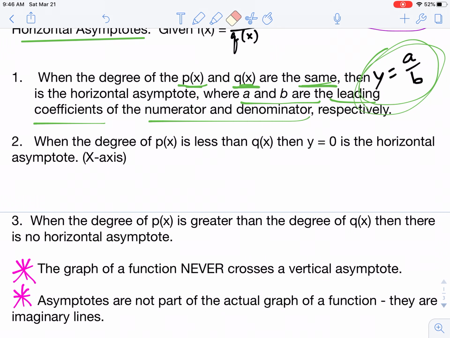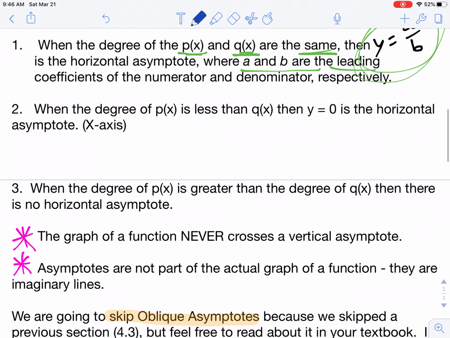The second type of horizontal asymptote is when the degree of p of x is less than the degree of q of x. That's the easiest one, I think. When the degree of p of x is less than the degree of q of x, the horizontal asymptote is just y equals 0.